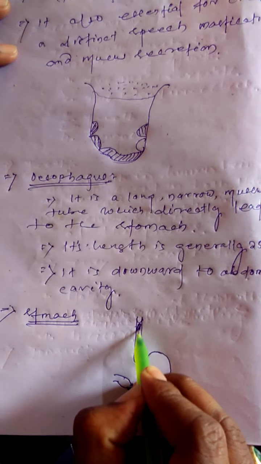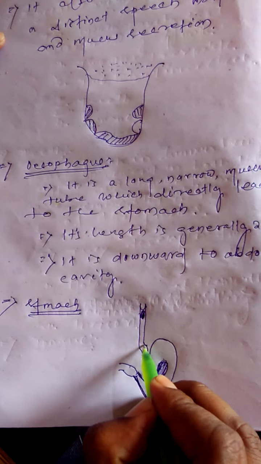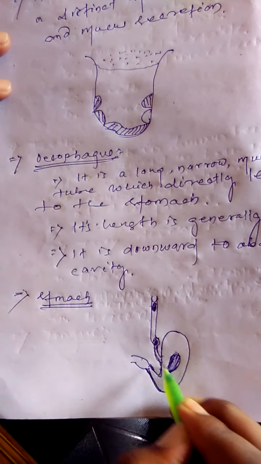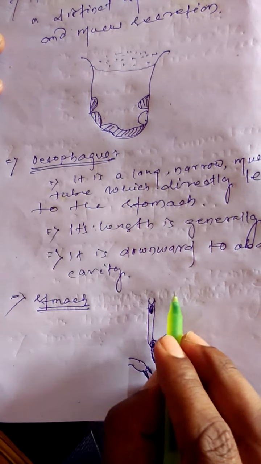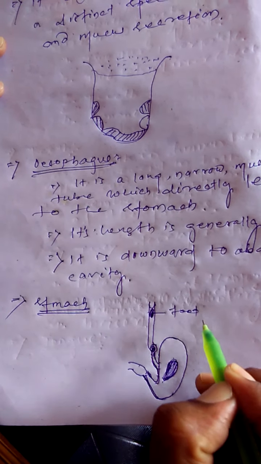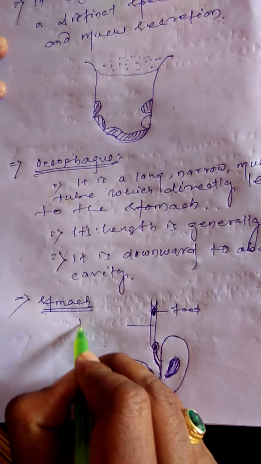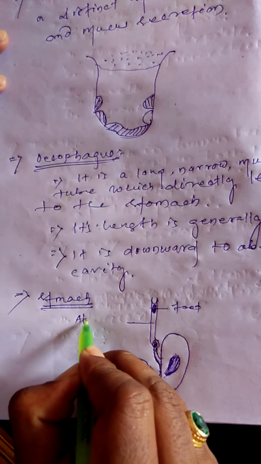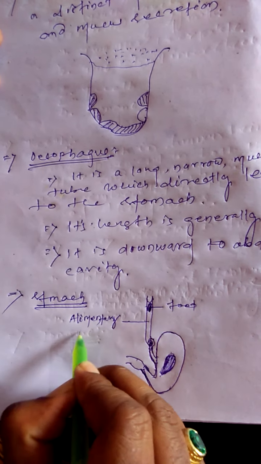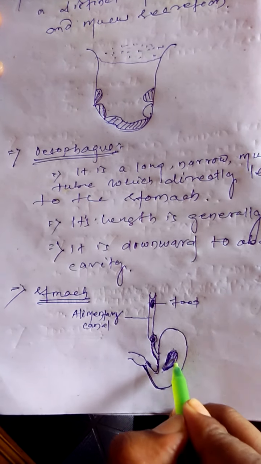So this one is food parts or food materials coming towards the internal organs. So here you can mention this one is food, this one is alimentary canal, and this one is stomach.